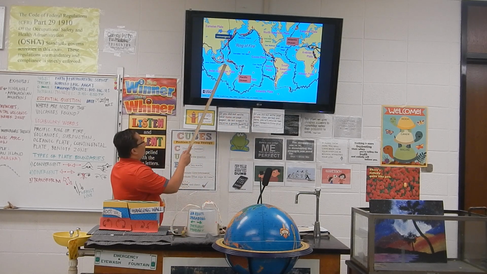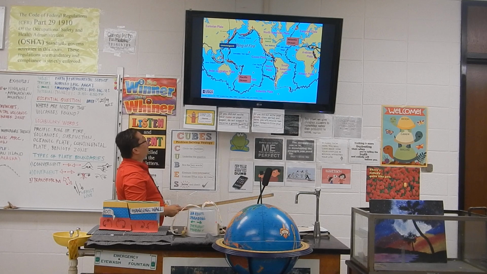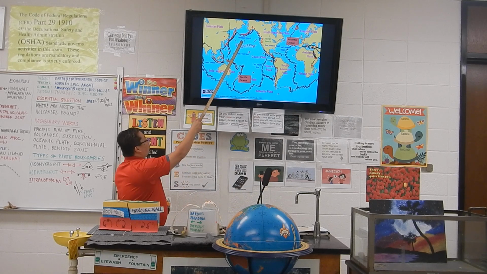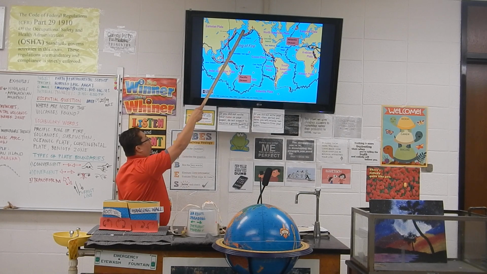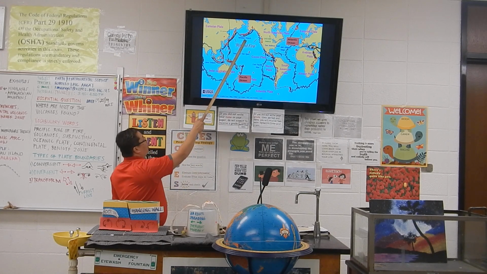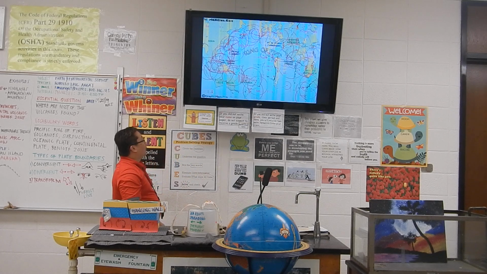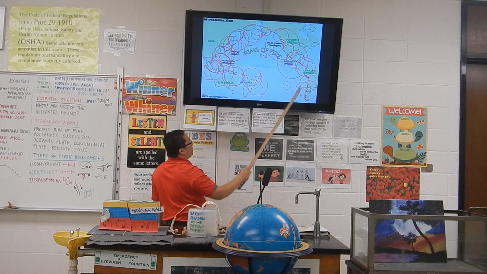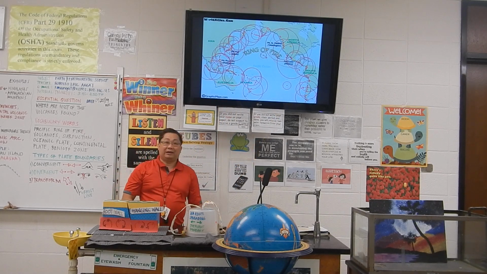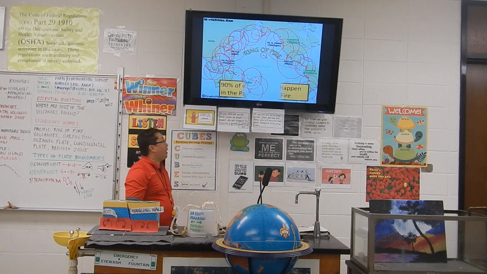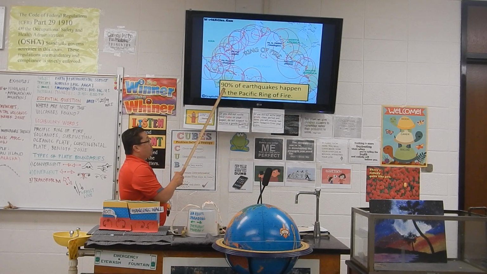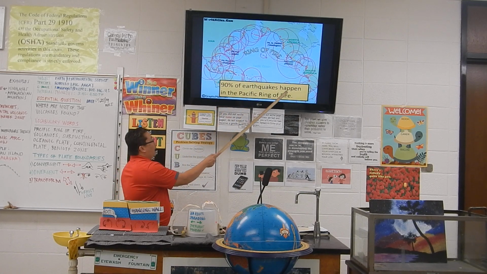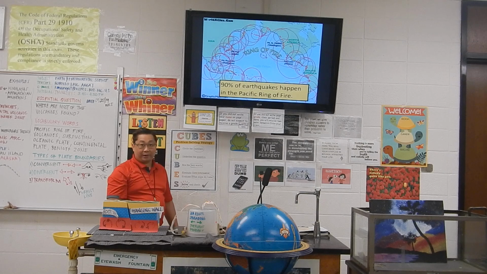Then we have another convergent there. You have another convergent there. Now, this convergent here is between two oceanic plates, forming the Aleutian Trench. Now, this one here shows us the many earthquakes that happen in the Pacific Ring of Fire. 90% of earthquakes happen in the Pacific Ring of Fire.